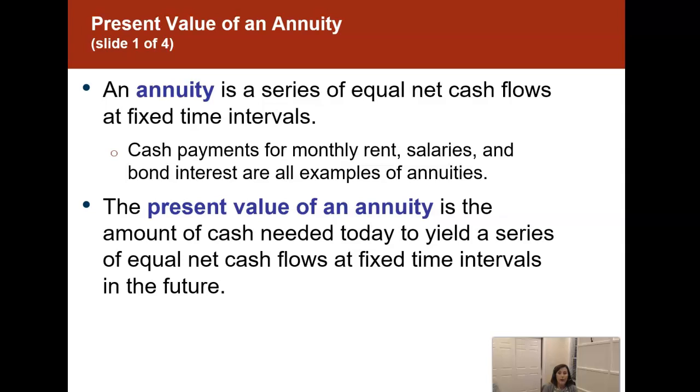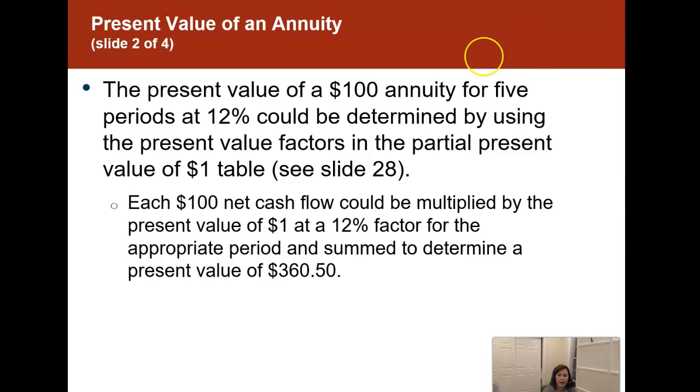And the present value, we could do this the really long and painful way of looking at each payment individually and then adding them all up, or we can look at them as a payment stream. So we'll look at both of those ways.